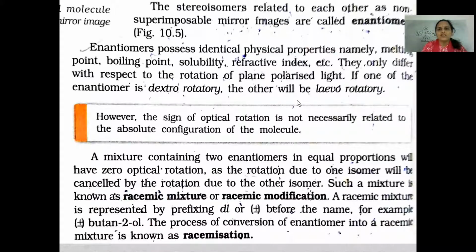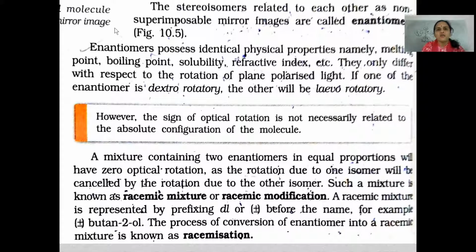Next, you will learn this definition of enantiomers, and this is the definition you will be writing. That is, the stereoisomers related to each other as non-superimposable mirror images are called enantiomers.